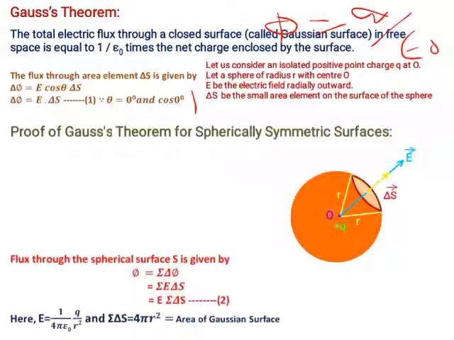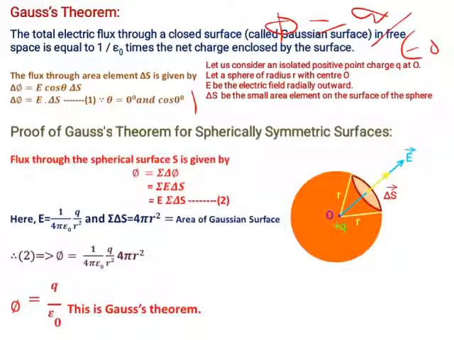Now proof. Flux through a spherical surface S is given by, suppose we want to study the total flux of this spherical surface, for the total surface area, then how much is the flux? Why do I have to consider delta phi?